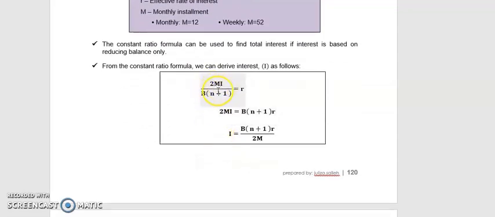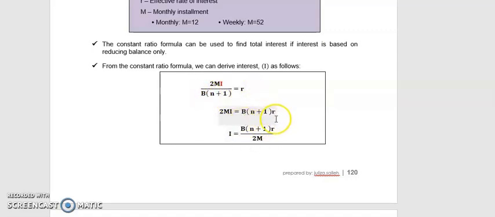So 2mI divided by b multiplied by (n plus 1) equals R. Now our objective is to find this value I, the interest. The denominator is b multiplied by (n plus 1). So we want to make I the subject, so bring the denominator to the right hand side.